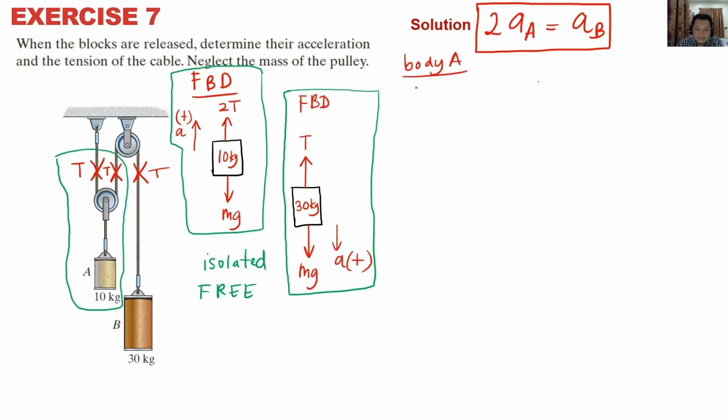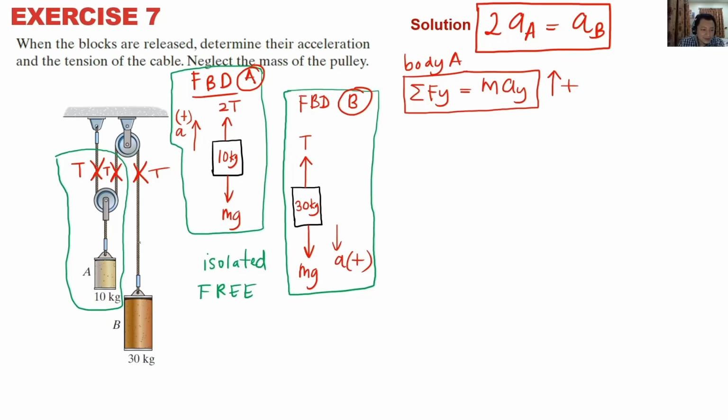So we're gonna be solving summation Fy lah, because everything is traveling in the y direction. Summation Fy is equal to MAY. Going up is positive for body A. This is the original picture, right?